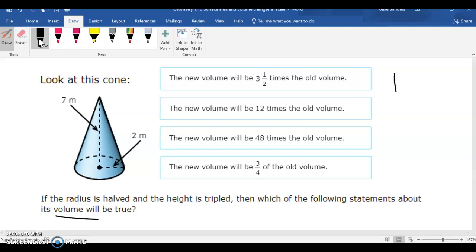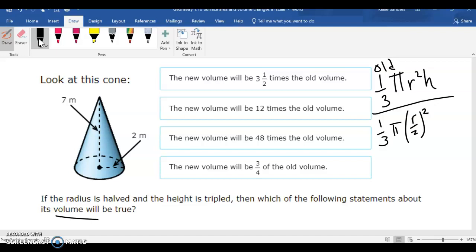Volume of a cone, 1/3 pi r squared h. That's the old. 1/3 pi, the radius is halved, and the height is tripled.